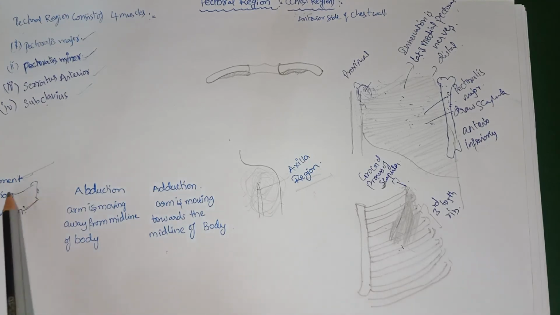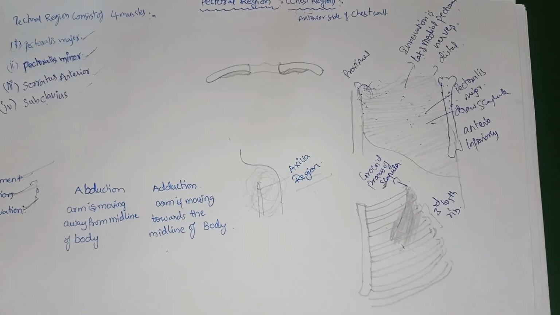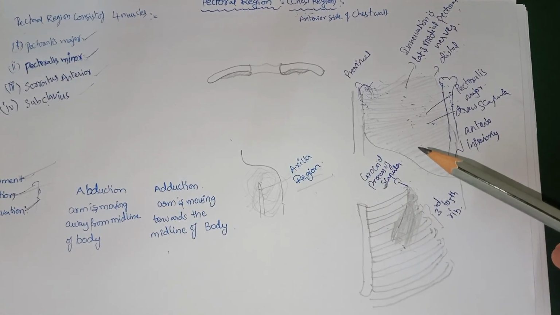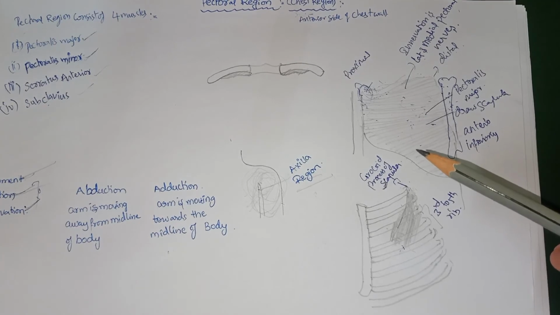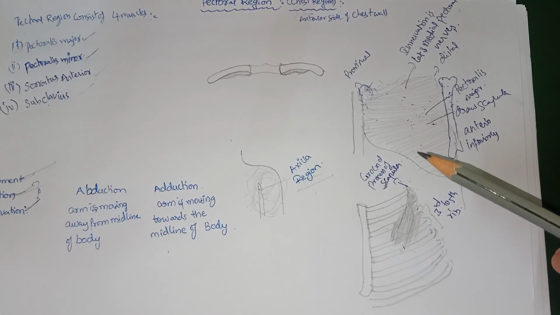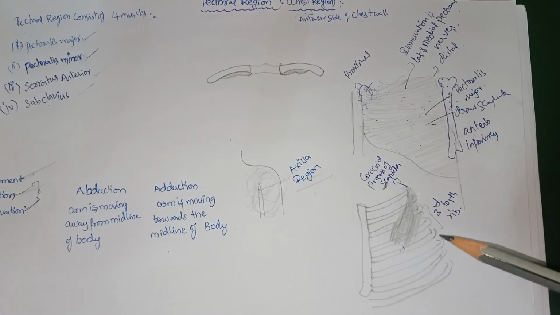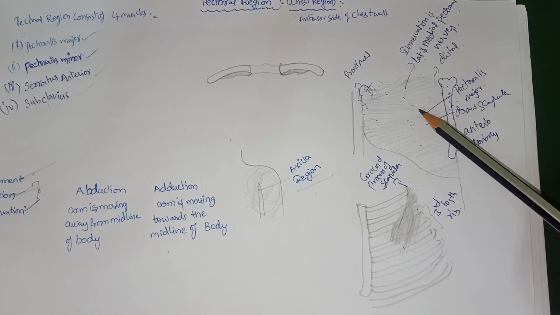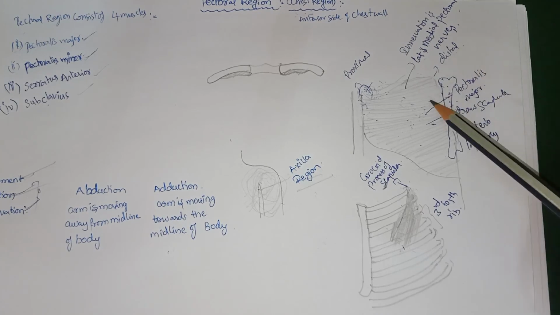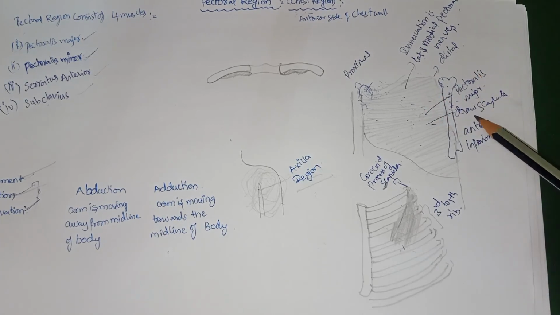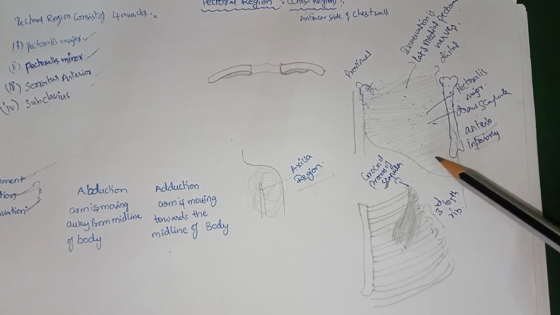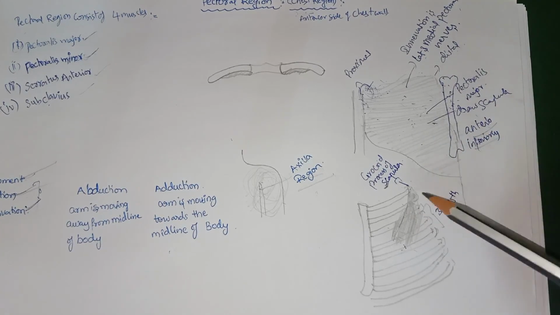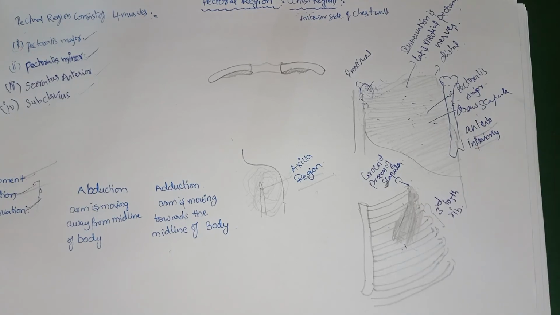So what is the function of pectoralis minor muscle? Let's talk about the function. It stabilizes the scapula by drawing it anterior inferiorly against the thoracic wall. So same function. What function does pectoralis major muscle have? It draws the scapula anterior inferiorly. The exact function is there for the pectoralis minor muscle also. So what does it do?